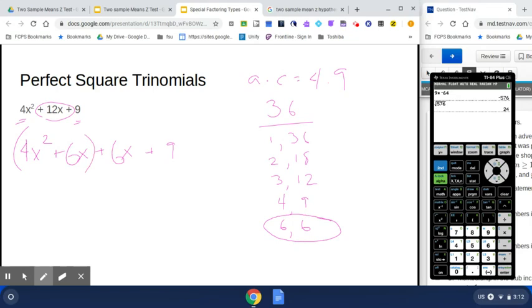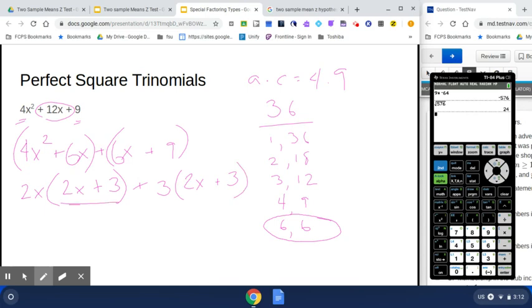Grouping the first two together, I can factor out a common factor of 2x. 2x times 2x will make 4x squared, and 2x times 3 will make the 6x. The second grouping, I notice that 3 will divide into both of those. 3 times 2x gives me 6x, and 3 times 3 gives me the 9.